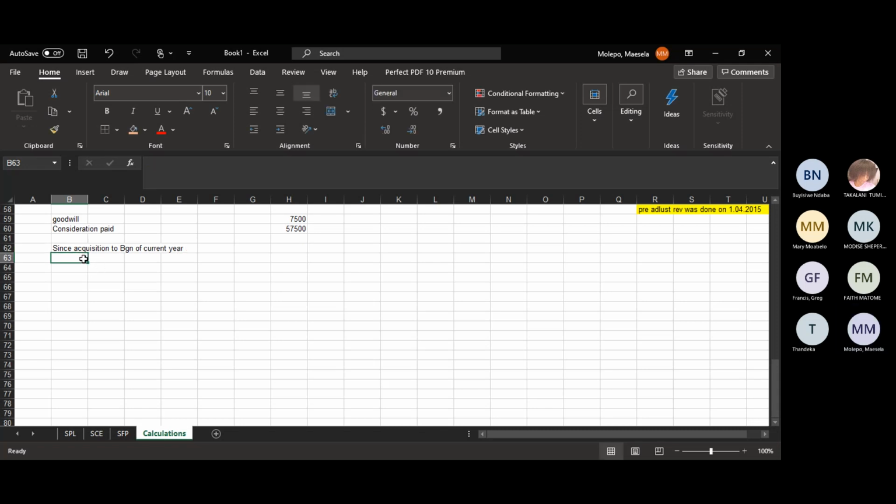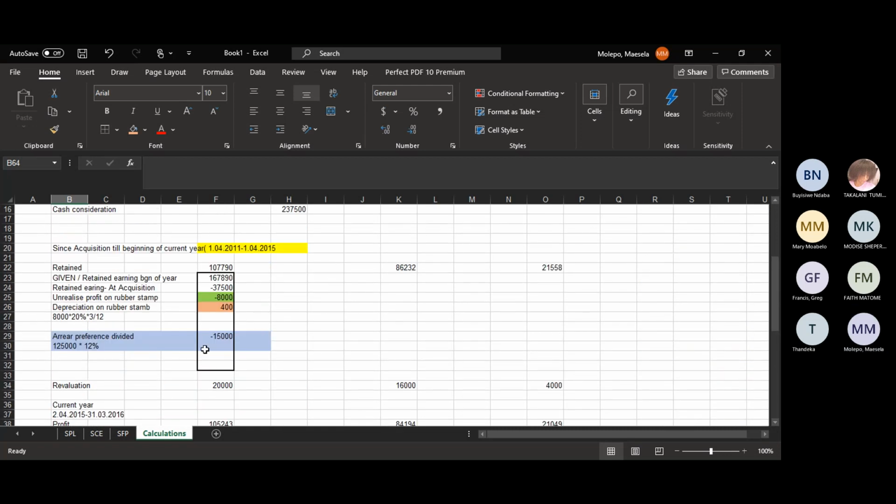And we have an amount of, I don't know yet. So now it is those arrear preference dividends. You remember the preference dividends which were not paid. This one. So this needs to be recorded in the current year.